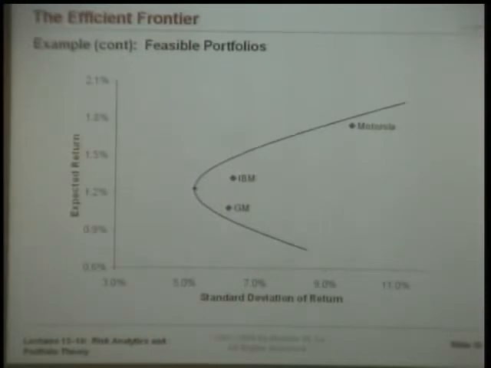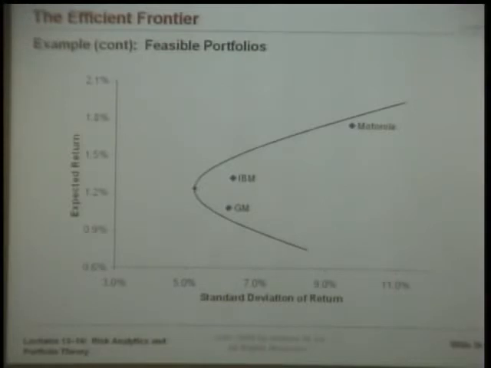So you really can't say that you would never prefer GM over IBM, because GM has lower risk and lower expected return. If, on the other hand, GM were over here, then you would be right, because any point to the direct northwest of a particular point on this curve is strictly preferred. And GM and IBM don't have that relationship, right?